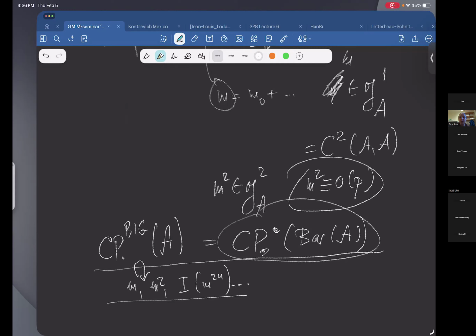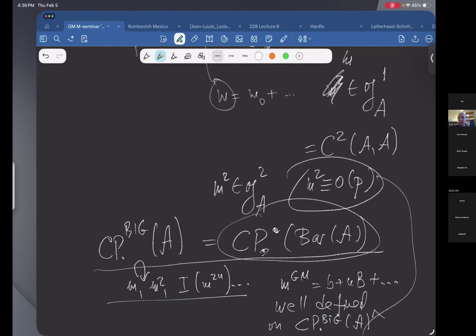And you can, I mean, the Gauss-Manin connection, because of this condition, on the p-adic completion is well defined, and independent of the lifting because of those.